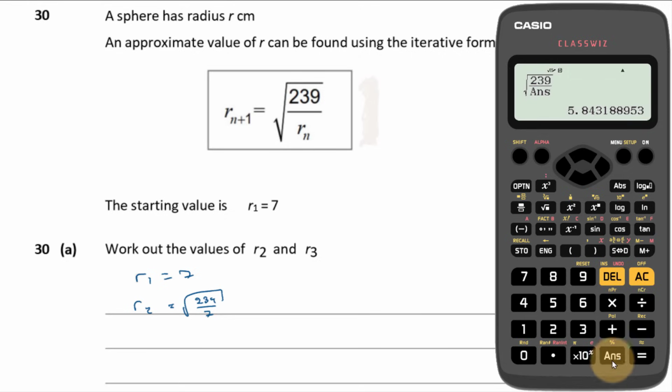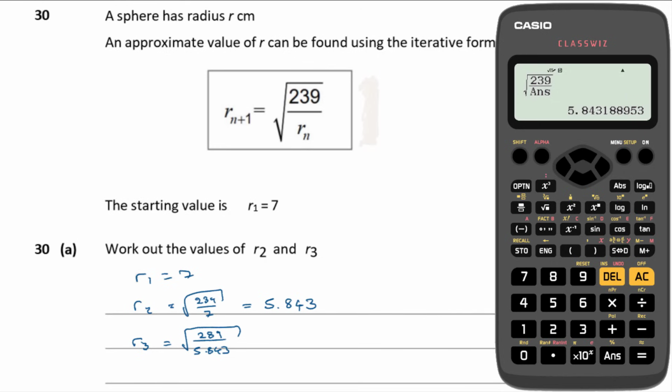That's equal to 5.843. I'm just going to write it down to 4 significant figures for now. 5.843, and then R3 we're going to get. All I need to do now is write it out. So that's going to be the root of 239 over 5.843.